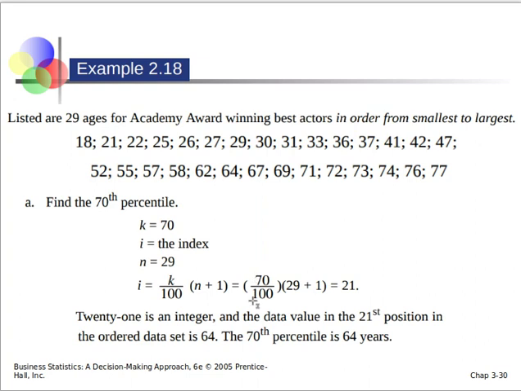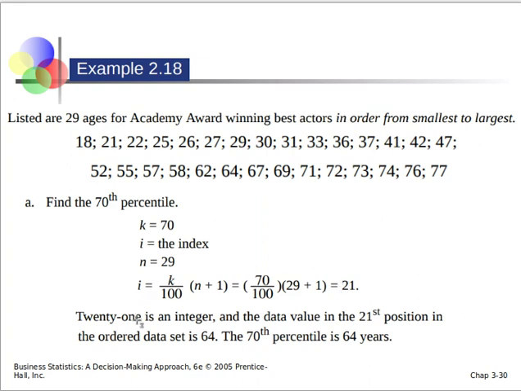Now, you divide that, 70 divided by 100. That must be 0.7. Multiply that by 29 plus 1, which is 30. The answer is 21.